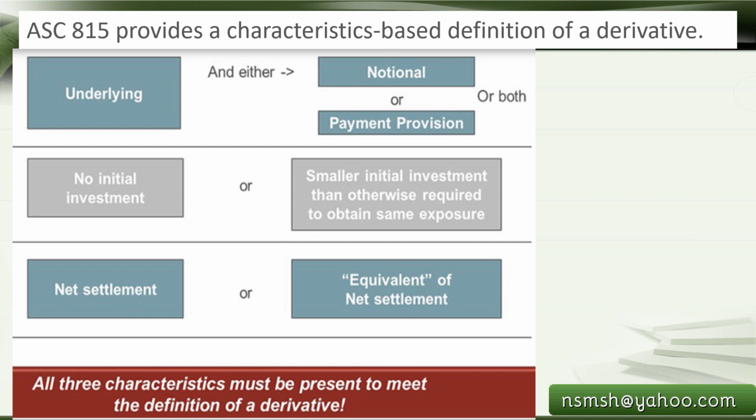No initial investment is required, or a smaller initial investment, so instead of 100% of the value, it can be 10% or 5%, smaller than otherwise required to obtain the same exposure. For example, with a call option or put option, you don't need the full investment. And net settlement should be there, or its equivalent. All three characteristics must be present to meet the definition of a derivative.